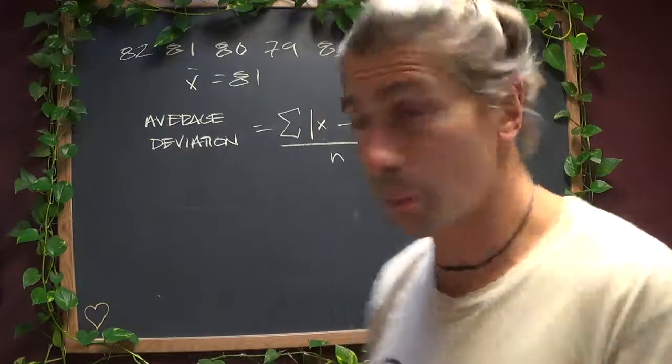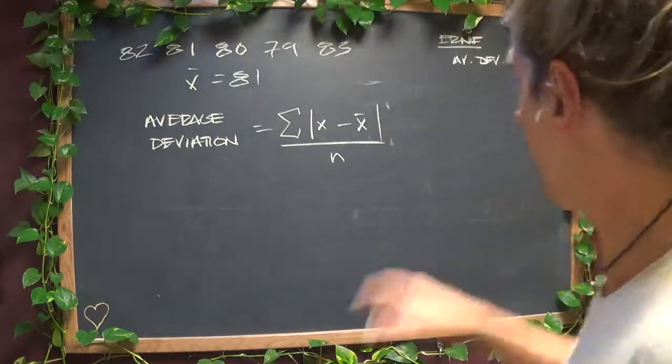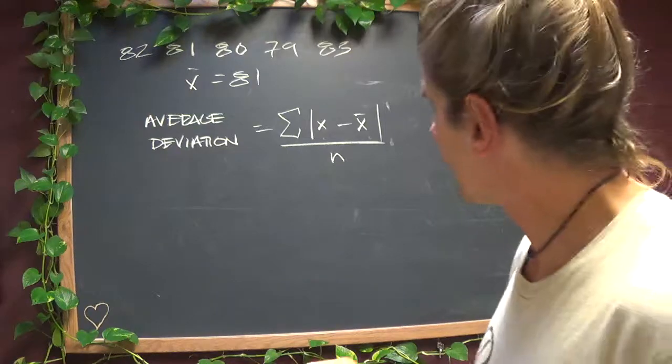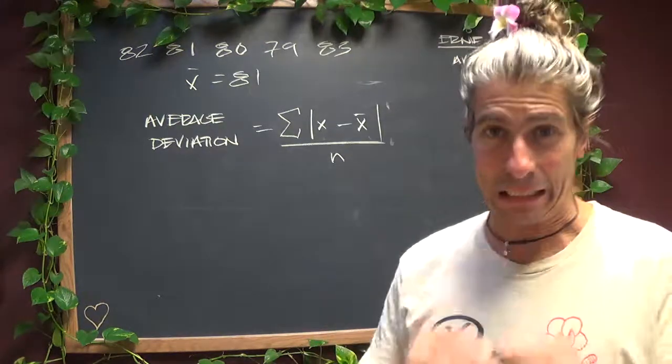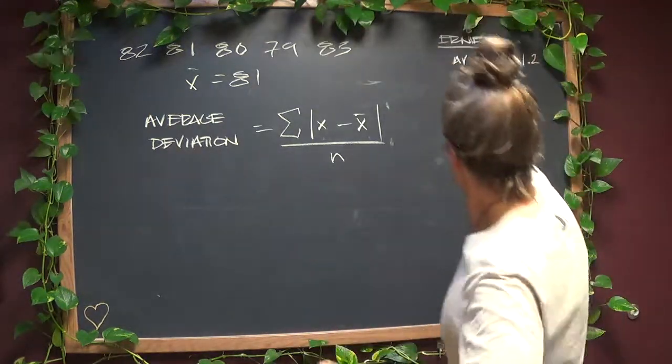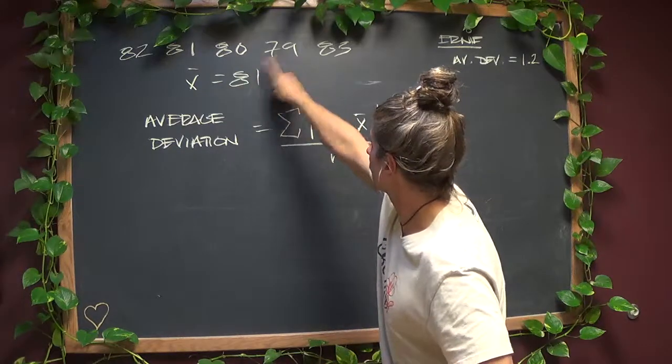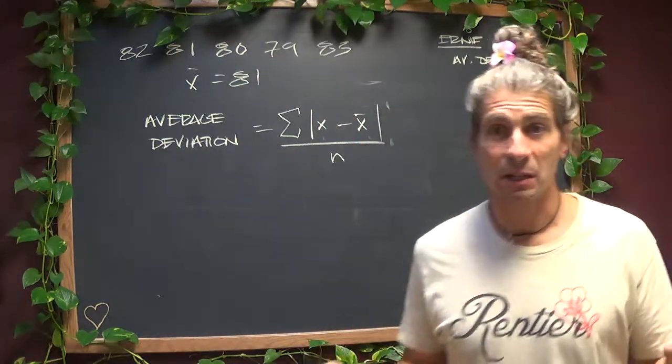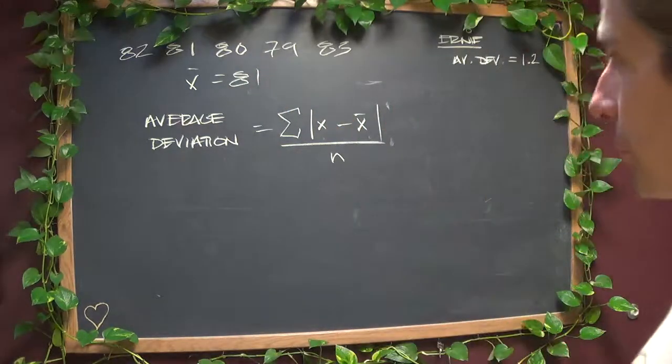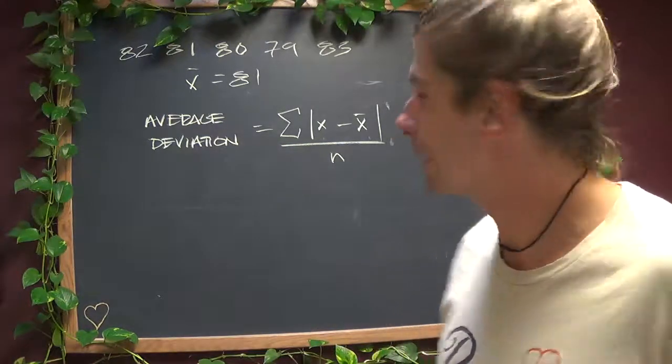So the way we interpreted this is again a recap from class. The way we interpreted this was, this is the average distance that each of these points is from that average. Perfect. And I love the name average deviation, because literally that's exactly what it means.